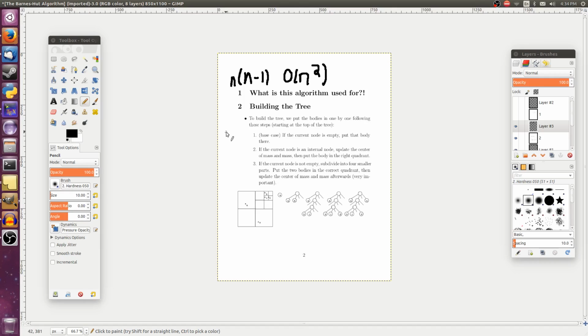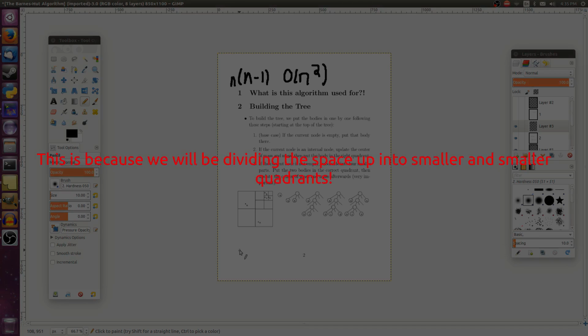So to build this tree in 2D, which is what I'll be talking about in this video, you can do it in 3D as well. In 2D, it's essentially a quad tree, which means instead of every node having 2 children, like a binary tree, you're going to have 4 instead.